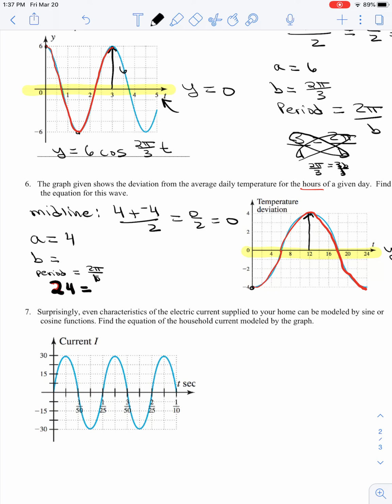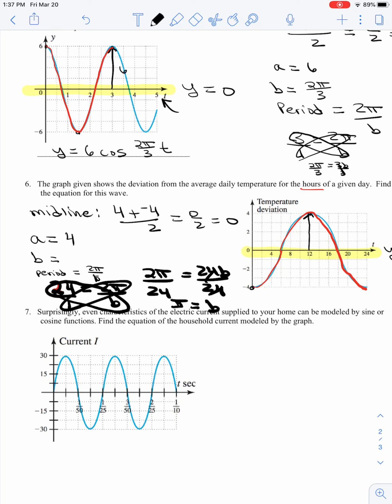So 24 equals 2 pi divided by b. Now I can cross multiply to solve. So 2 pi equals 24b. And now when I divide by the 24, I would get b equals pi over 12 if I simplified that.